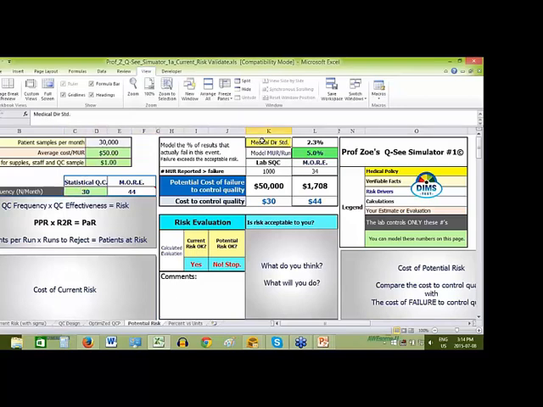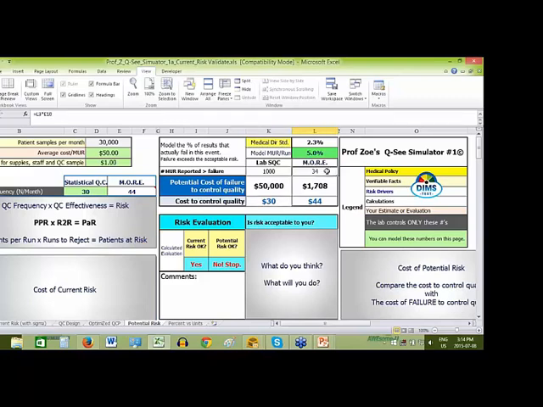When you come over here, you look that the medical director has set an acceptable risk level of 2.3%. We're going to choose to model a 5% failure. With lab QC, there will be 1,000 patients reported at a cost of $50,000, and you're spending $30 to control quality.